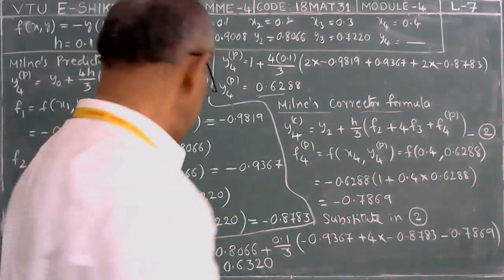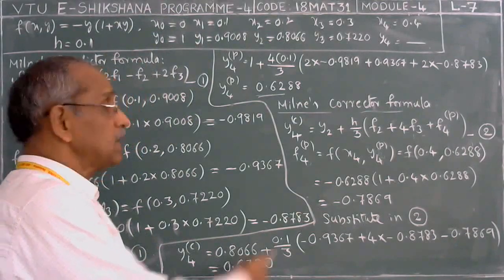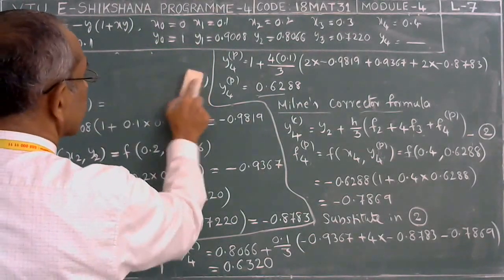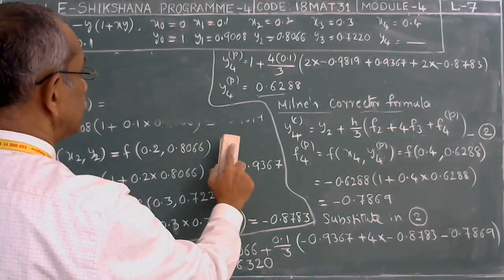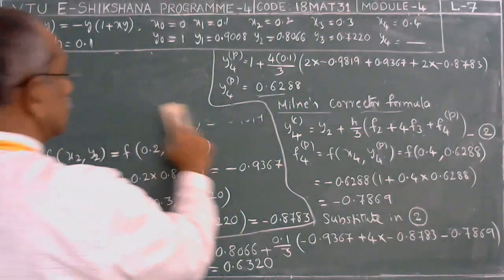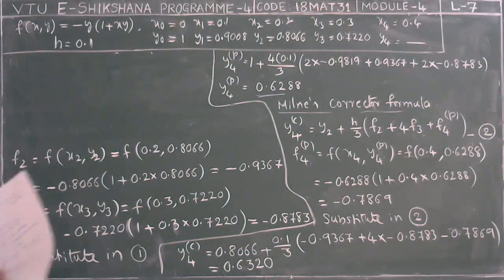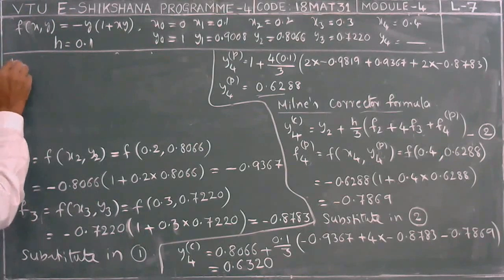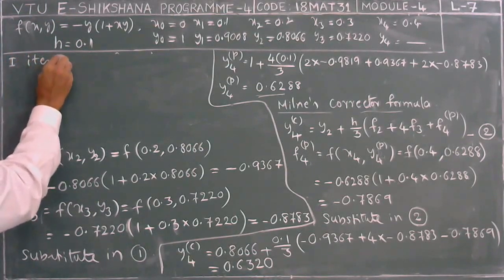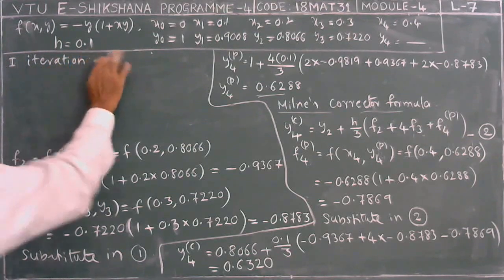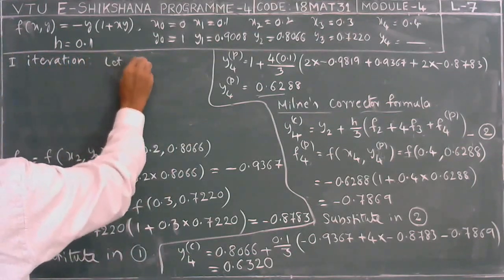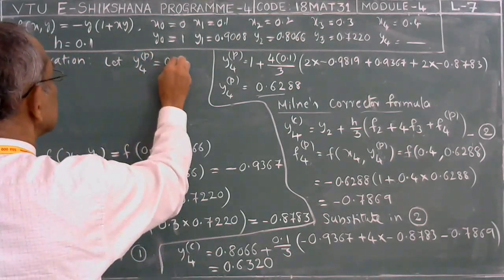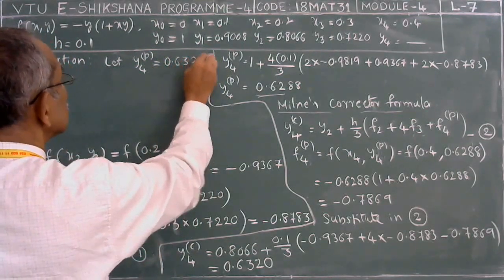We can still refine this by considering this itself as the y4p and repeating it. First iteration: let y4p be equal to 0.6320.